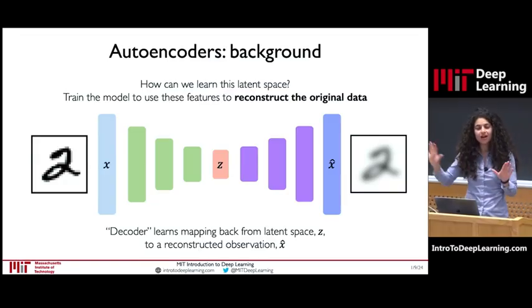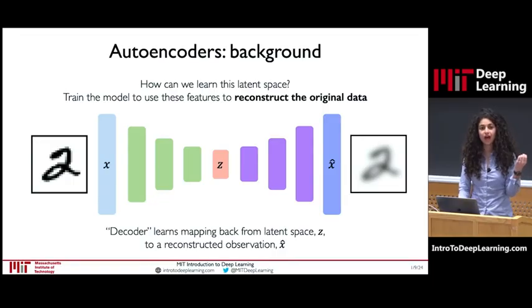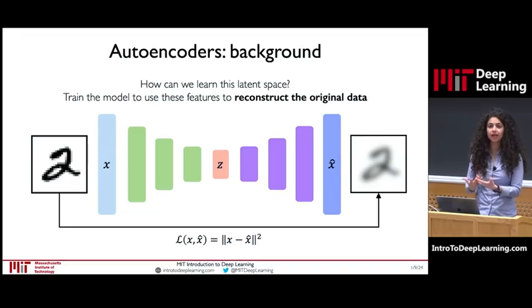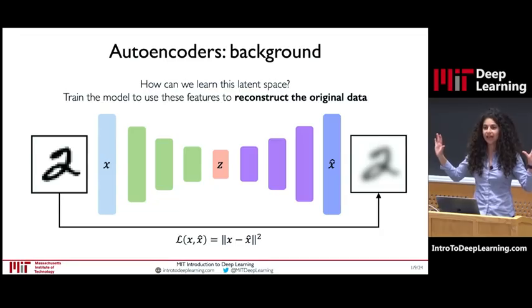Now, because this reconstruction is imperfect relative to the original data, we can train the network by comparing the input data x and the reconstruction x hat and just asking it, okay, learn to minimize the difference between the two.